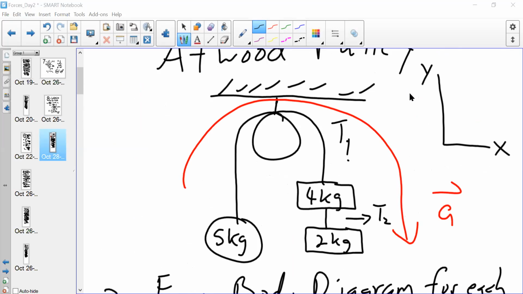Instead of just y and x as we've had before with normal force and an object moving down a ramp, or friction on a horizontal surface, it's just going to be moving vertically. That's all the perspective that you need to have in a pulley problem. It's always going to be vertical.